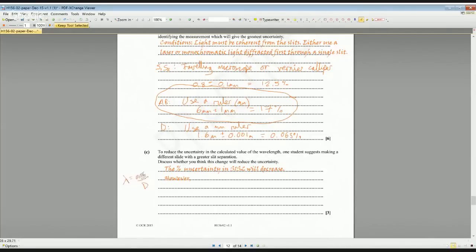If we increase one of a and x, the other one will decrease. So if we increase, in order to maintain a constant wavelength, because d is constant as well, if we increase the slit separation, the fringe separation on the screen will decrease by a corresponding amount.